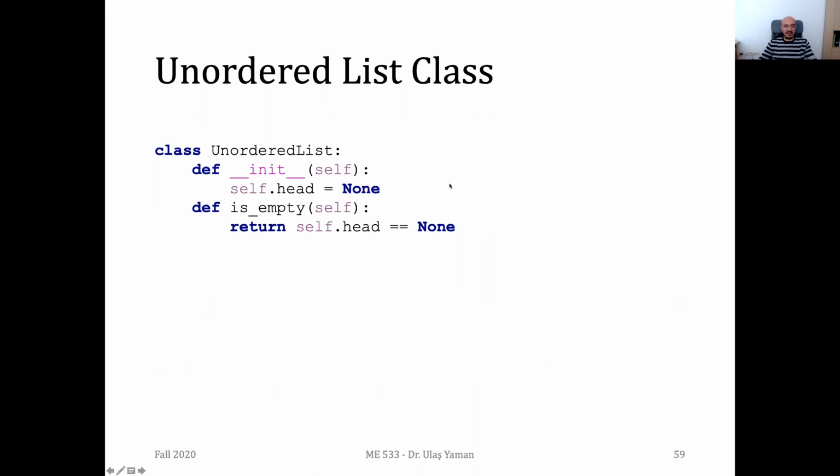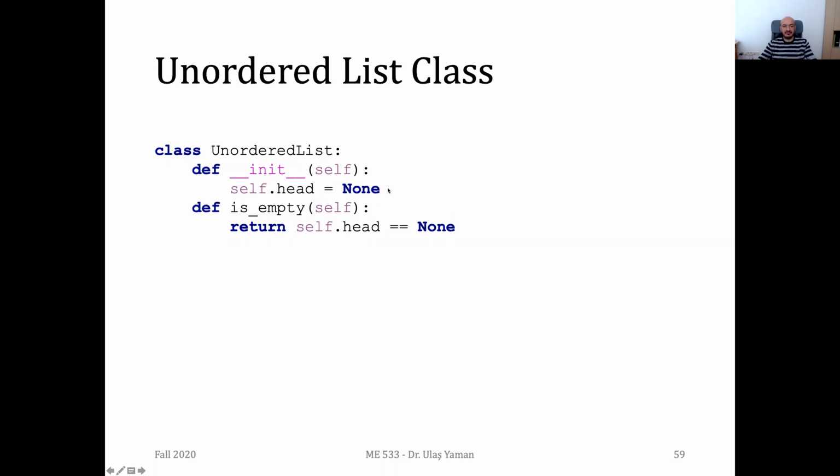So this is how we create the list. The initial class was about creating just nodes, simple single items, but now this is a class for the whole data structure, the unordered list data structure. So what we do in the initialization part, we create the head.